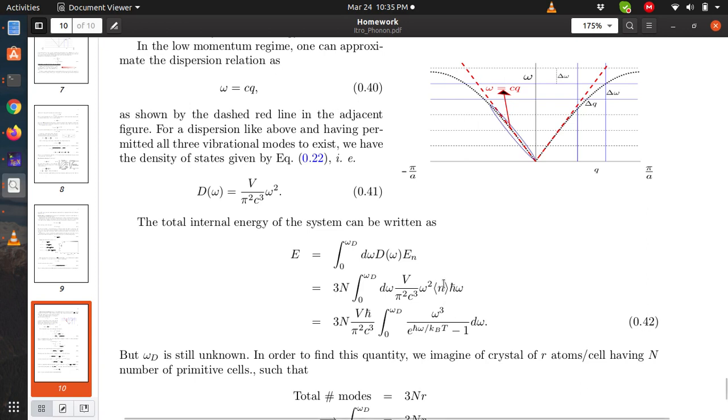Then this n will be just that distribution function that looks like 1 divided by exponential of h omega divided by kBT minus 1. This we know already. And the total internal energy of the system now would just become E, which is equal to the density of states and the integration over this quantity here.